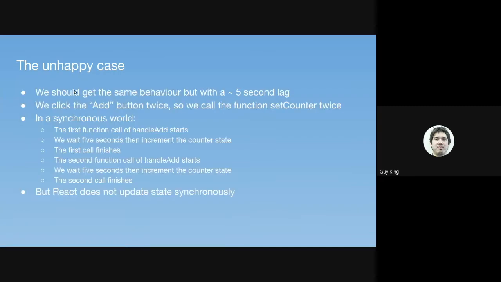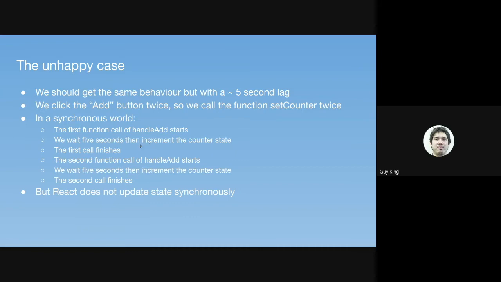So you might be thinking, well, if all we've done here is added a 5-second delay, why doesn't the exact same thing happen as in the first example, but just with everything shifted back 5 seconds? And yeah, if you're thinking about this synchronously, you can think of this order of events. You click the add button, that triggers the event handler. It calls that function. In that function, we hit this delay first for 5 seconds.